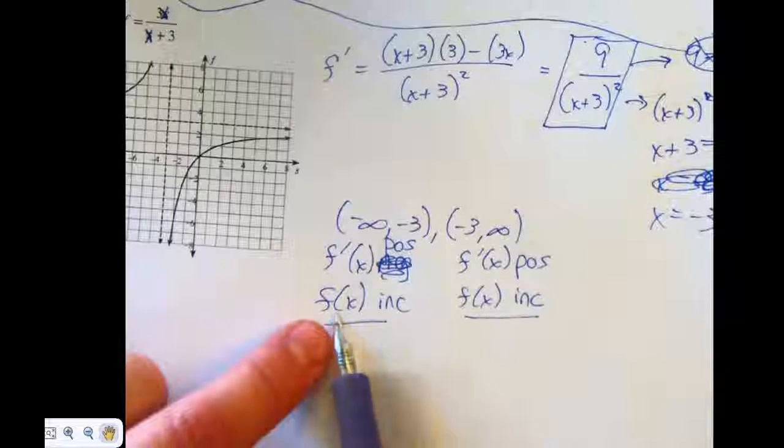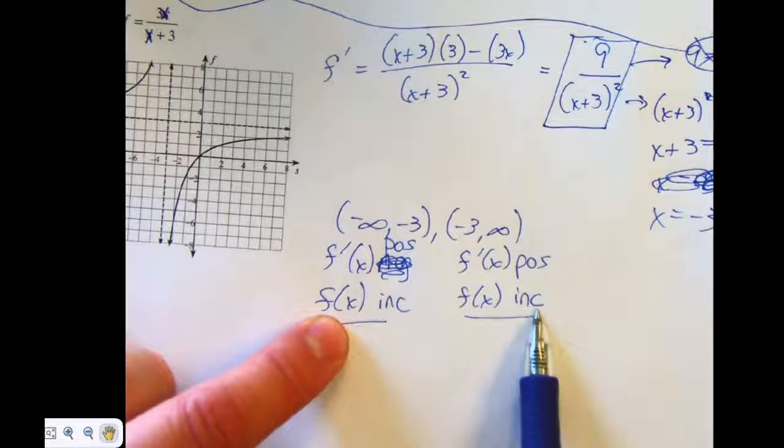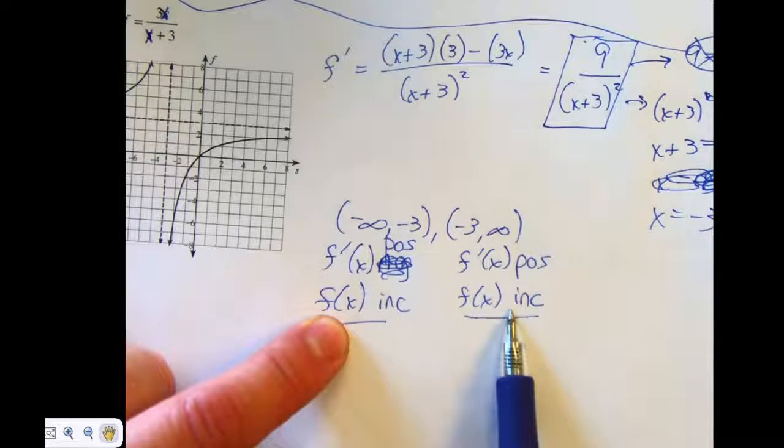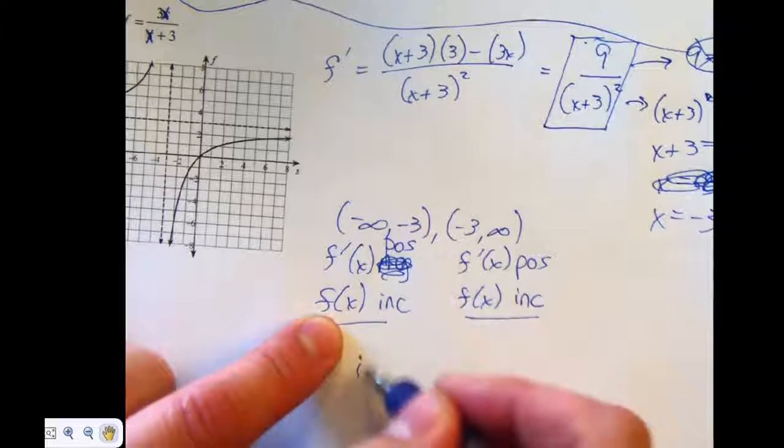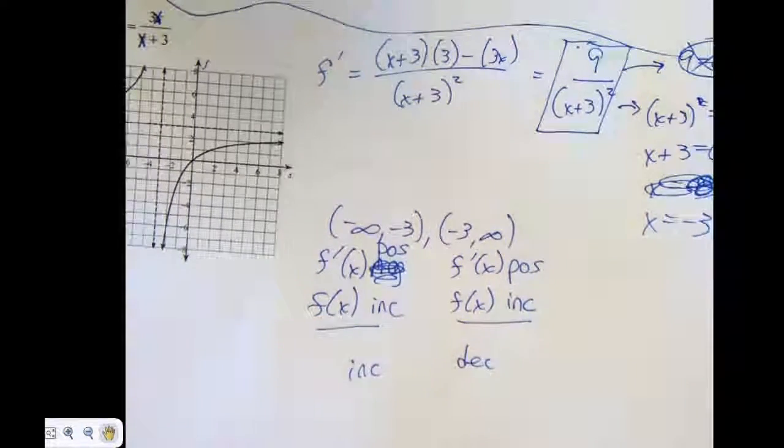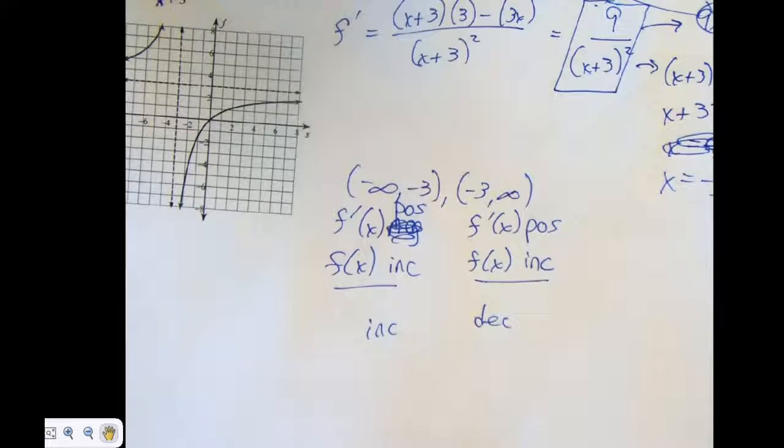So let's say this was f of x increases and this was f of x decreases. Typically that would mean a relative max, right? In this case it would not be. Why? Because it wouldn't exist.